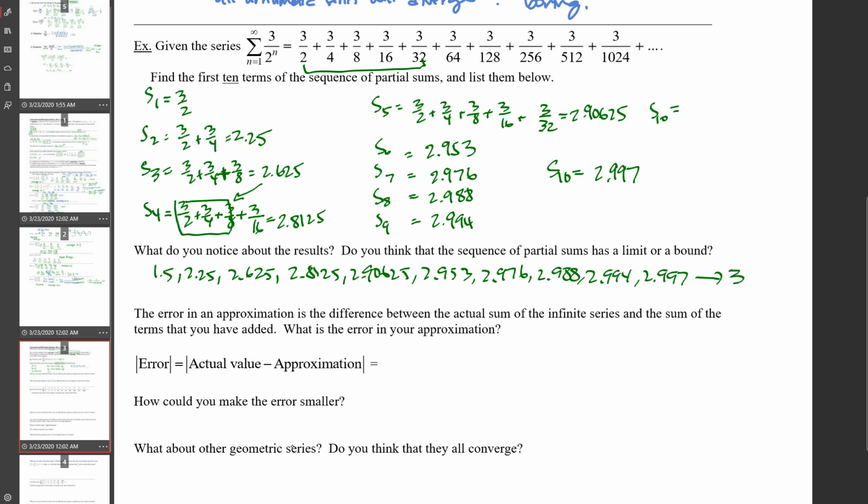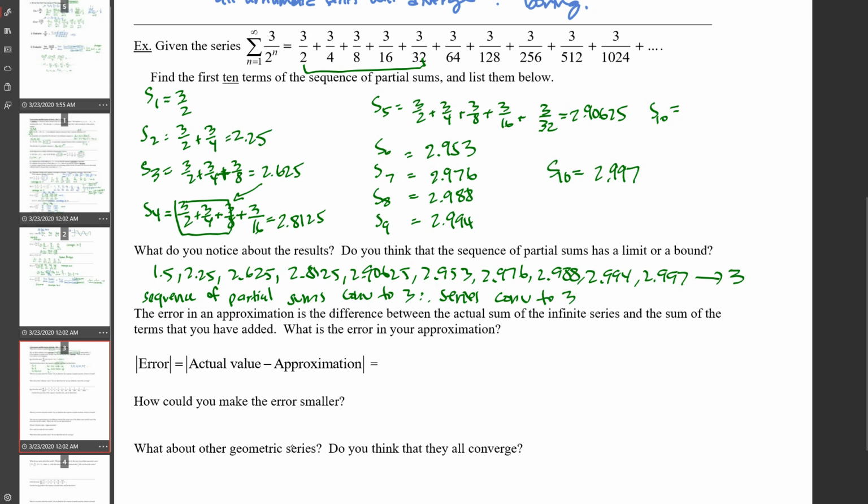Yeah, it's approaching 3, right? So what we say is this sequence of partial sums converges to 3. So therefore, this series actually also converges to 3.